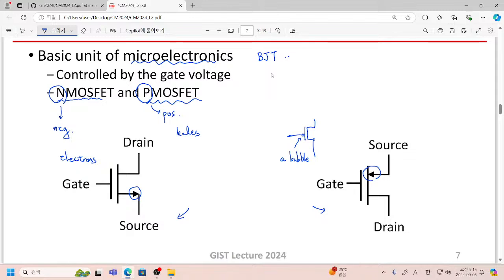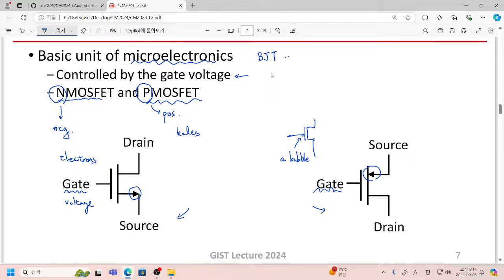But depending on the context, the meaning of N MOSFET and P MOSFET is quite clear, so you don't have to worry about that. Basically these devices are controlled by the gate contact. The gate voltage controls the operation of the device.